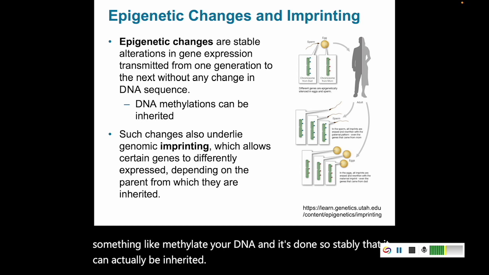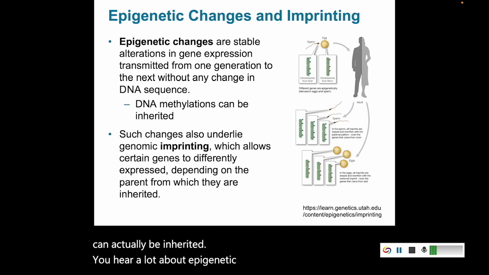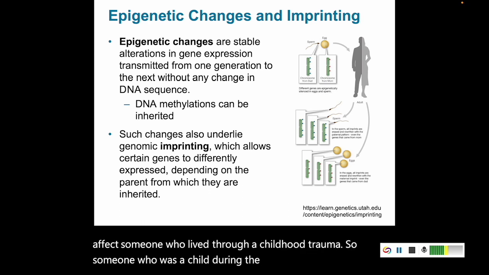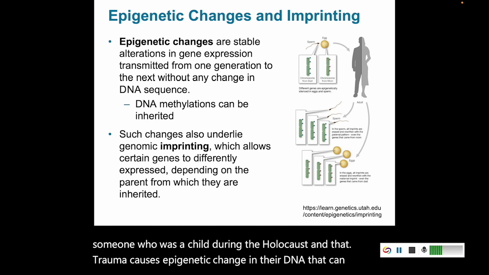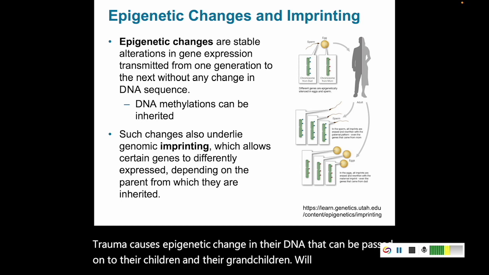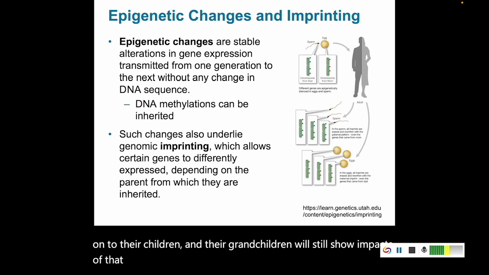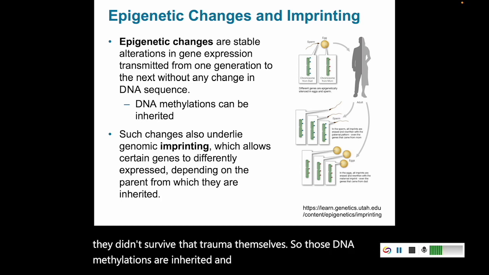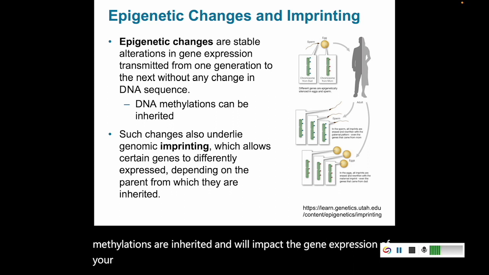You hear a lot about epigenetic changes as something that may affect someone who lived through a childhood trauma, so someone who was a child during the Holocaust, and that trauma caused this epigenetic change in their DNA that can be passed on to their children, and their grandchildren will still show impacts of that trauma in their patterns of DNA expression, even though they didn't survive that trauma themselves. So those DNA methylations are inherited and will impact the gene expression of your children and grandchildren.